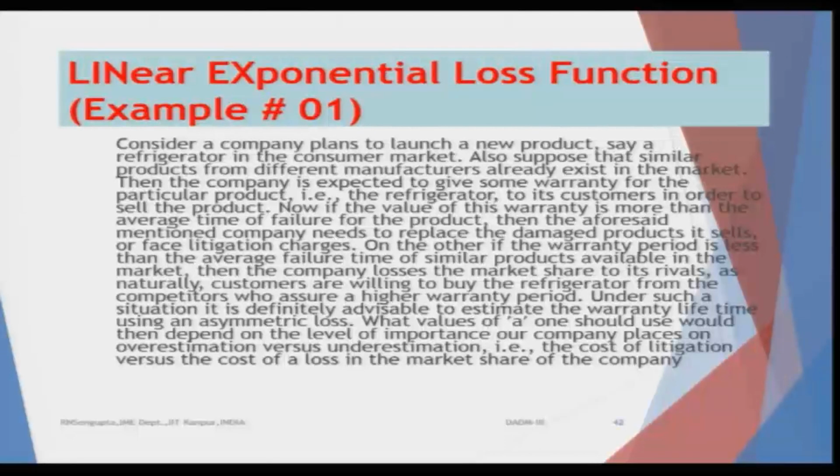Then the company is expected to give some warranty for that particular product. Warranty means guarantee, that is, for the refrigerator to its customer. So, they want to give some warranty such that the customer would be interested to buy the product, or the company would be able to sell the product, provided the warranty life or the guarantee life actually makes some positive sense to the customer.